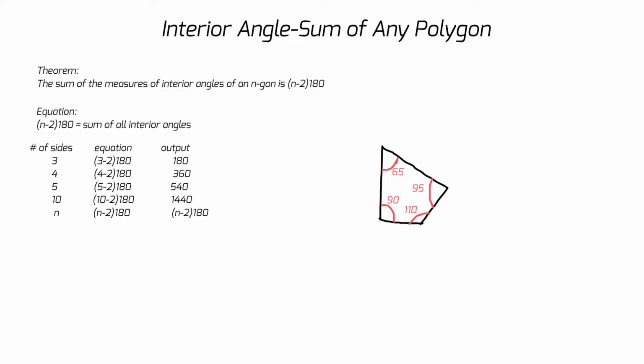Let me demonstrate an example over here. You can see that we have a four-sided polygon. So that means if we plug four sides into the equation, (4 minus 2) times 180, 4 minus 2 is 2, times 180, this equals 360 degrees.